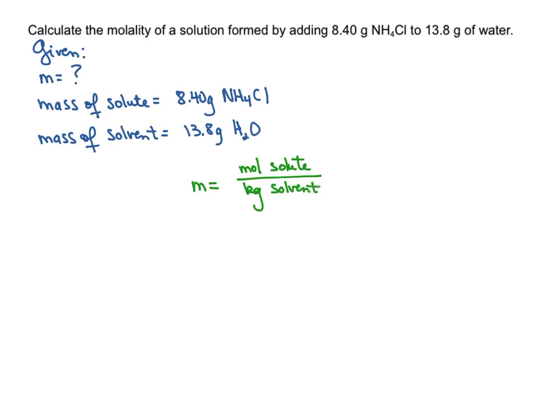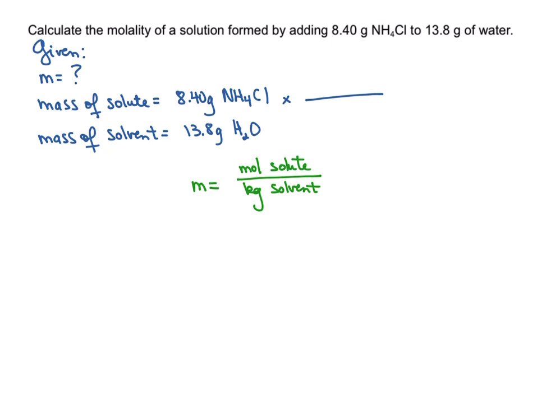Now that I have that formula, I can go back to my given table and see what I need to adjust here. I have solute, great, but it's in grams, so I'm going to convert my grams of ammonium chloride to moles of ammonium chloride. If grams of ammonium chloride is on top, then I've got to go ahead and put grams of ammonium chloride on the bottom.